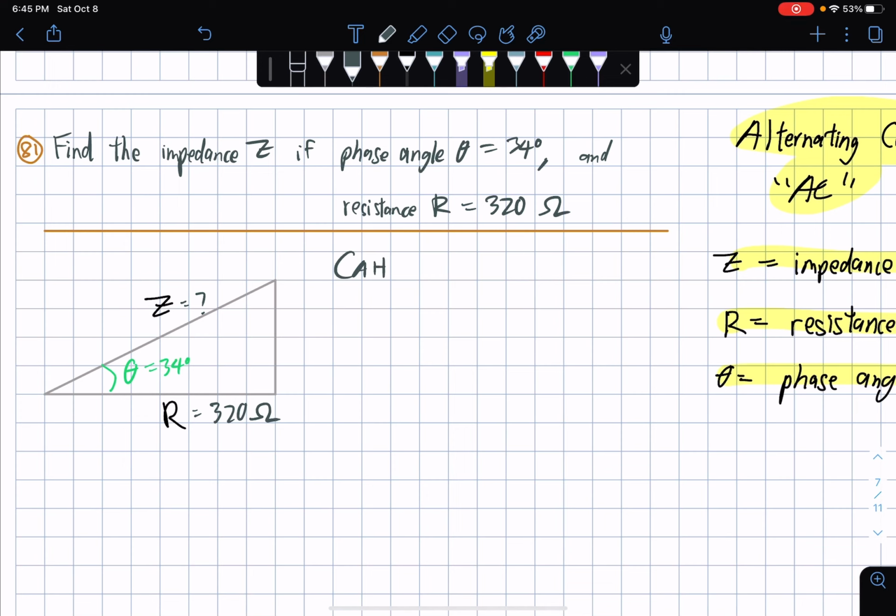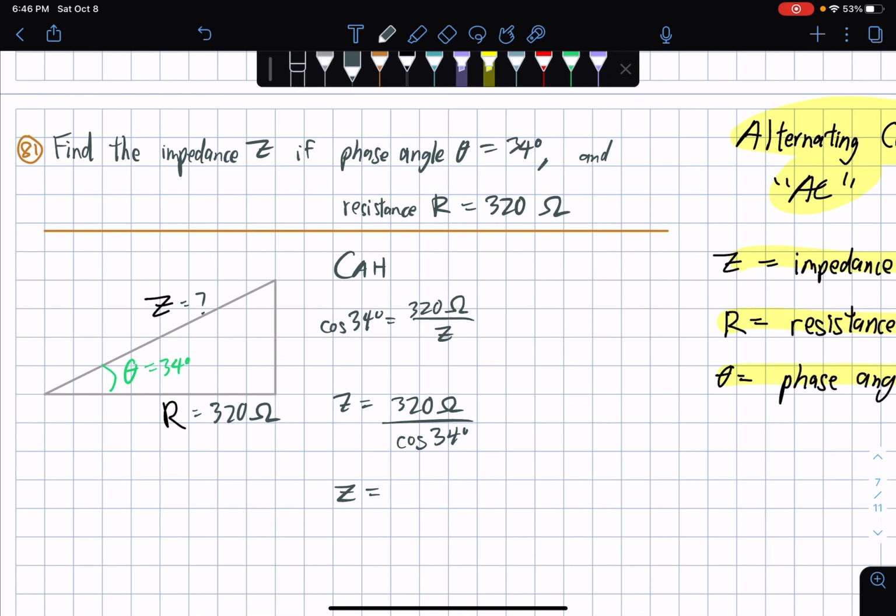So given adjacent and hypotenuse, we get cosine. So cosine 34 degrees is equal to adjacent, which is 320 ohms, divided by hypotenuse, which is Z. Z is equal to 320 ohms divided by cosine of 34 degrees.